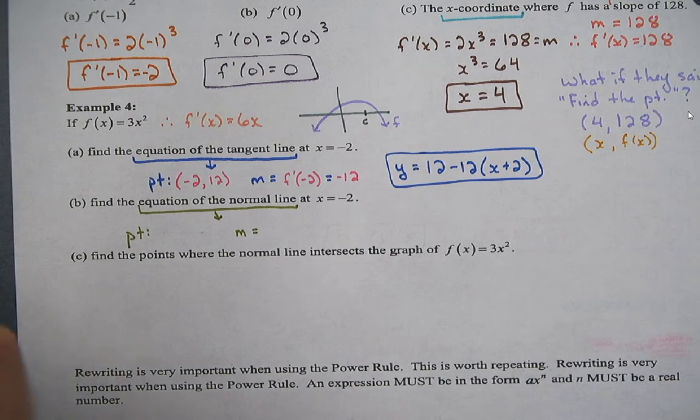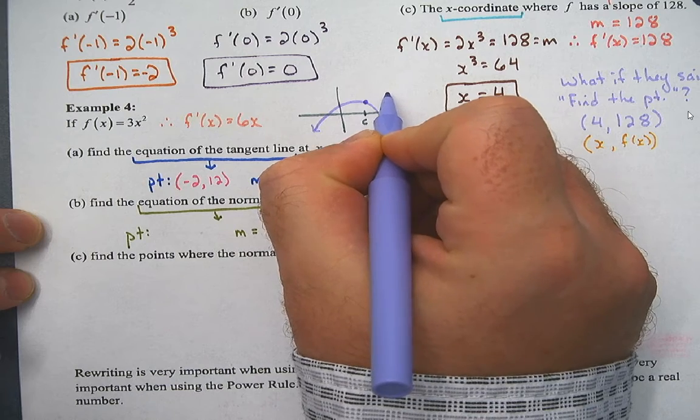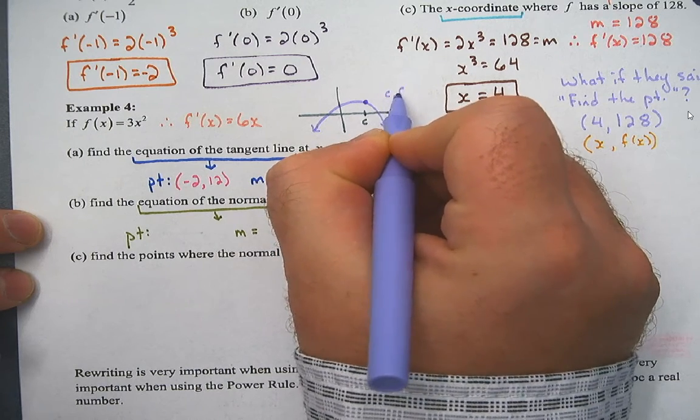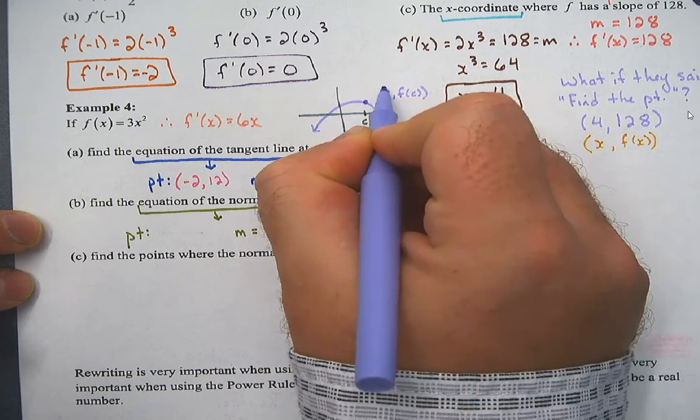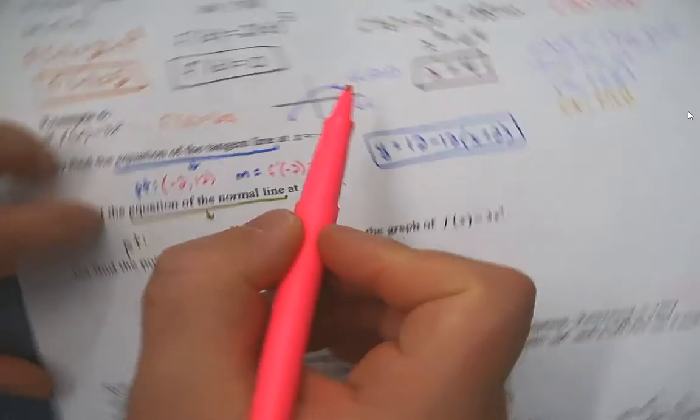So through this point then is C comma F of C. That's the point that you know the X, so you plug it in to get the Y. Now we've got this thing called a tangent line.